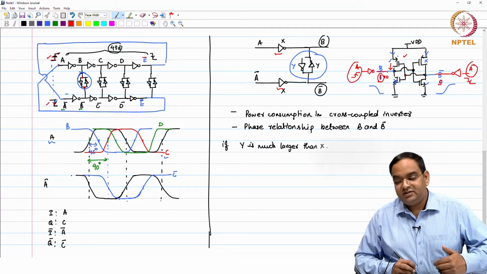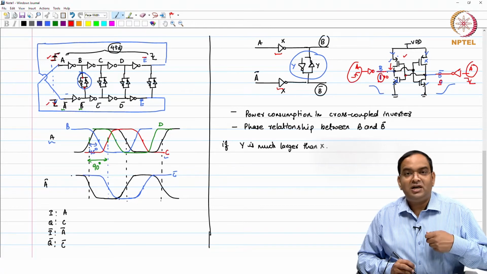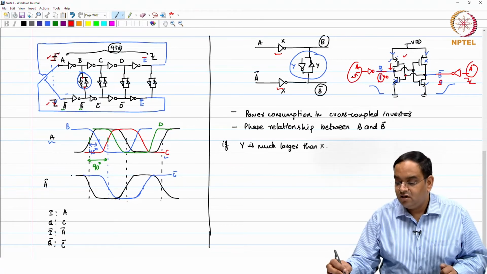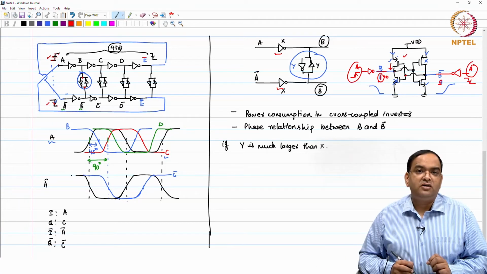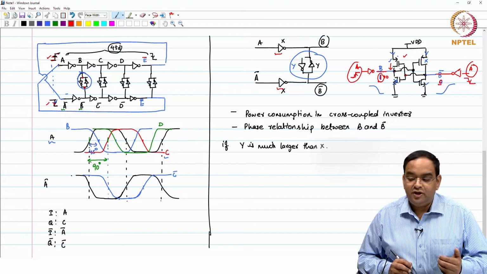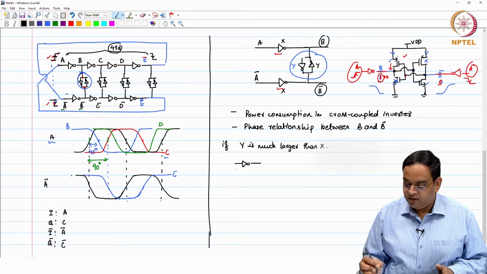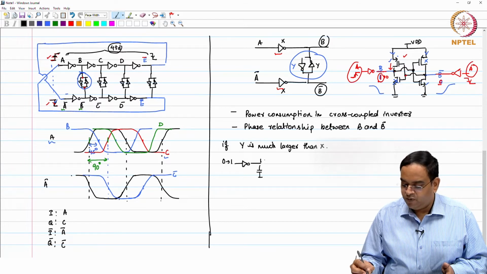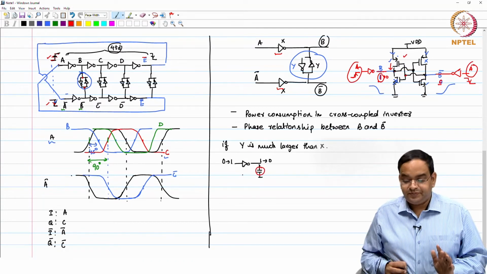So, opposing the changes effectively means that your delay at the output will increase. So, one thing is if you just have an inverter, right, with some parasitic load and you go from 0 to 1, your output will more or less go from 1 to 0 with the delay dictated by the capacitor.